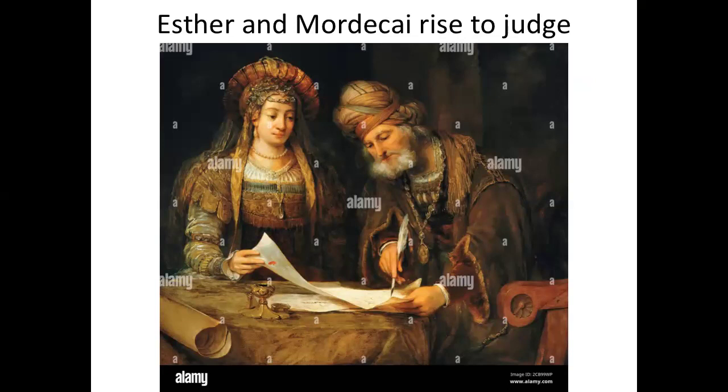Mordecai gets lifted up, and he's put on royal attire. And now they're going to be writing law. In other words, they're going to be adjudicating or judging. So there are all these ideas of not just rescue and salvation, but also ruling, right? It's funny because the king has said, up to half my kingdom, and it's almost as if half the kingdom is going to be put into their hands because they're going to be writing in the name of the king.